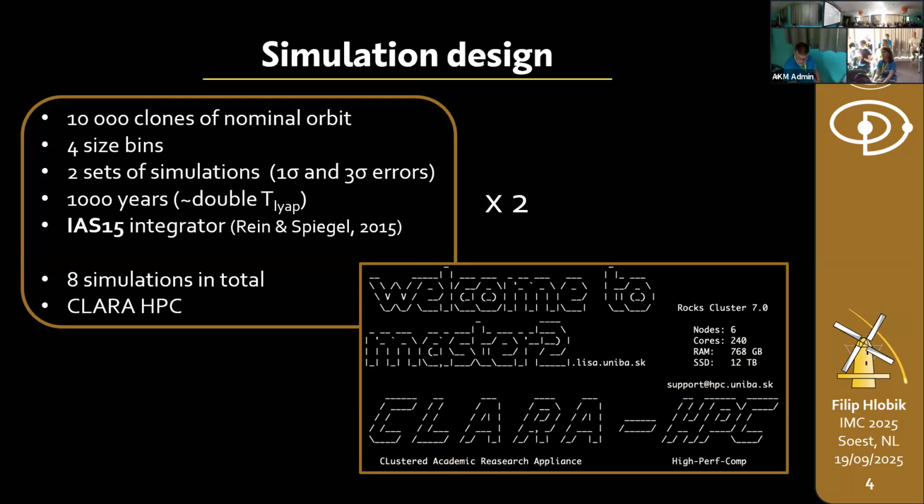All of those simulations were performed at the Clara High Performance Computing Cluster at our university. There were 8 simulations for Kappa-Cygnids, and another 8 simulations for August Draconids were needed as well.